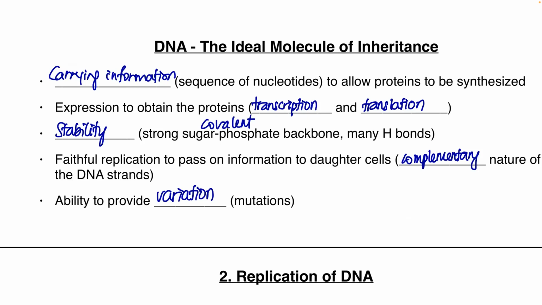carrying information to allow proteins to be synthesized. Like we mentioned just now, the sequence of DNA gives you a gene. Gene refers to a unit of information that is made up of DNA. Of course, ultimately, genes code for proteins. So DNA carries information for how protein should be synthesized.